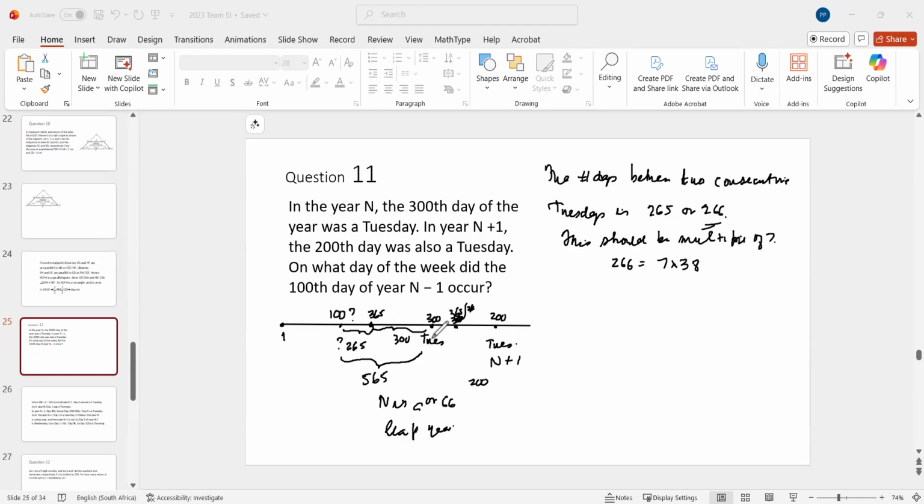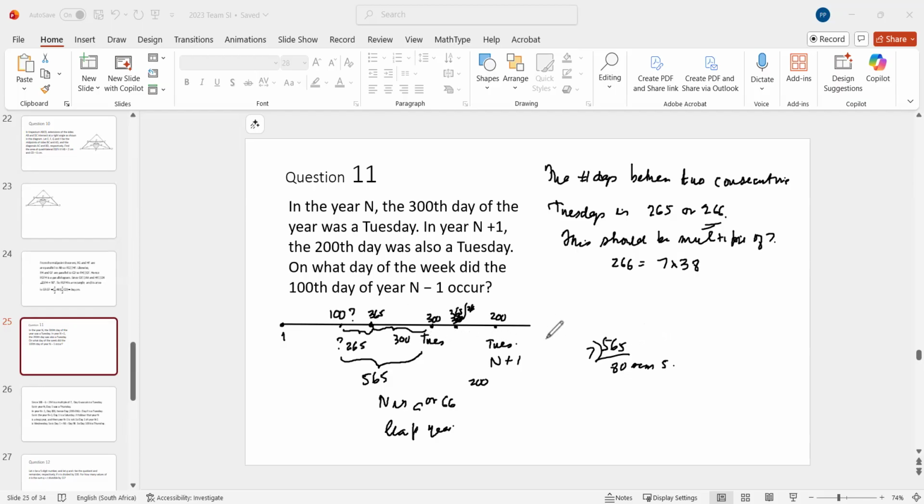Now, how many sevens are there in 565? 565 divided by 7, you get 80 remainder 5. Which means that if I add 2 to this, it'll be a multiple of 7. Remainder 5, you see, so if you add 2 to this, it'll be 7. So 567 is 7 times 81, you can see that.